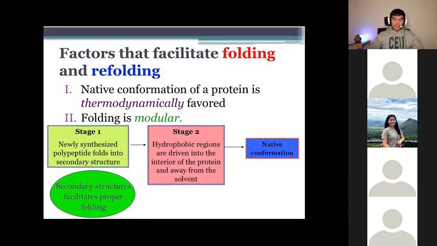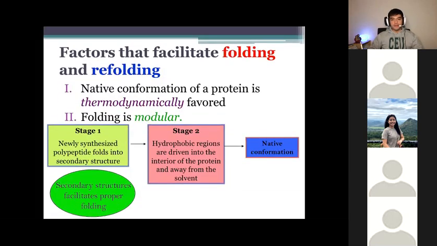That's correct. So moving forward, we have different factors that could facilitate both in folding and refolding of proteins. So pag sinabing refolding, itatama kung ano ang maling folding to prevent diseases. So first, we have native conformation of a protein is said to be thermodynamically favored.